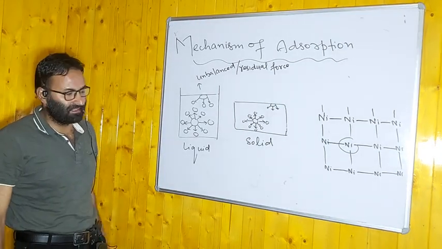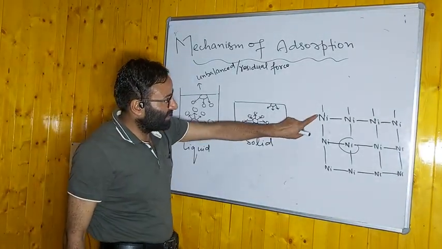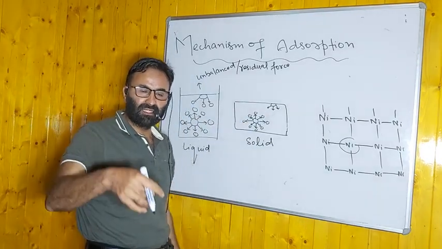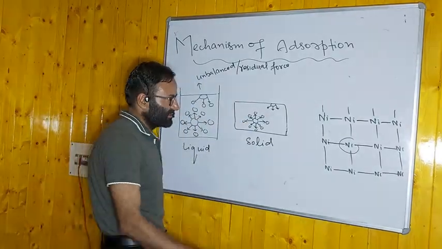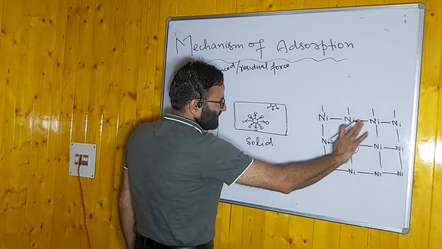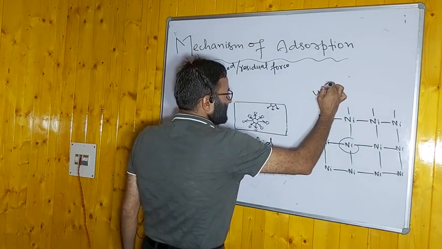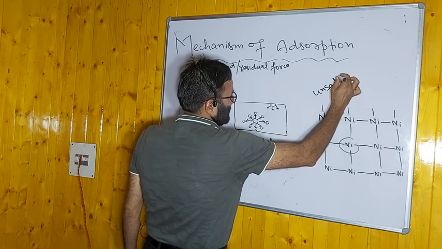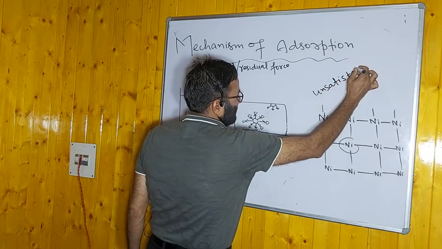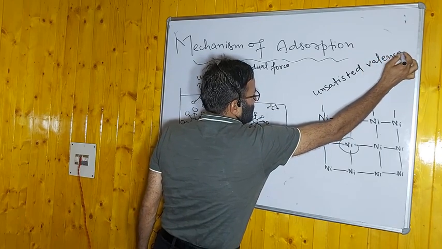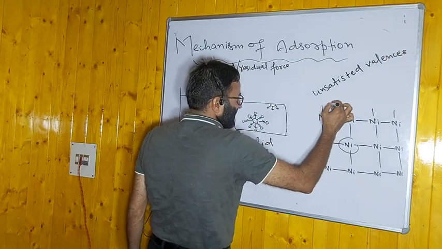Unsatisfied valence means that these have tendency to form more bonds. In the case of nickel crystal, the surface atoms have unsatisfied valencies.